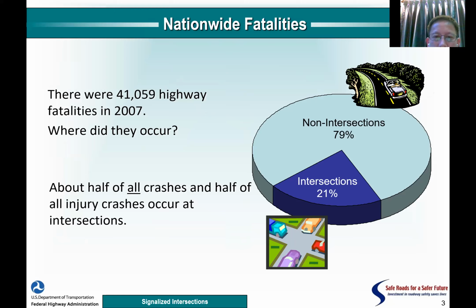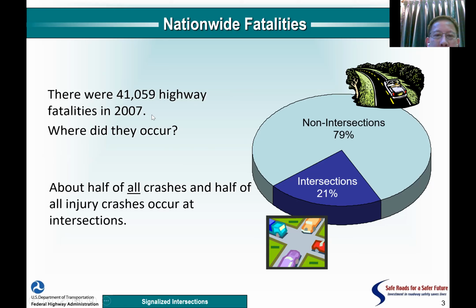There are some numbers here; this slide is a little bit old, from 2007. Right now it's 2021, right? But compared to our accidents in Thailand, this number is about 41,000 fatalities.